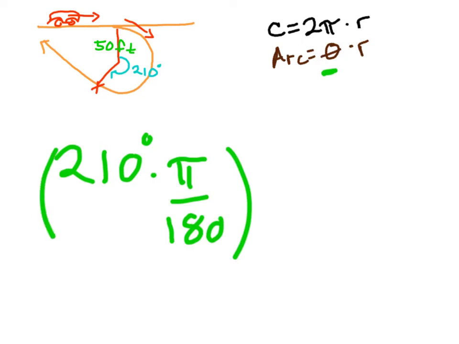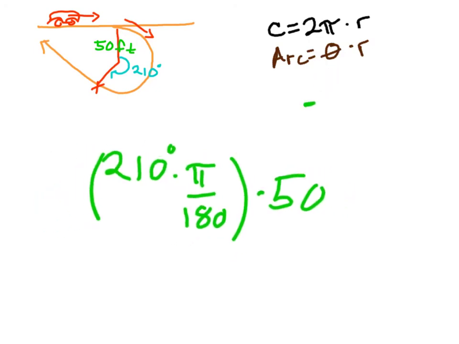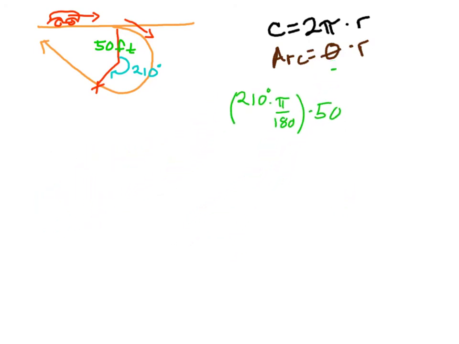Okay, you've got that whole piece. That's your radian angle right there, and then times your radius, which is 50. Take that whole thing and plug it into a calculator, and I get an awesome answer of, are you ready for this? 183.2 feet.